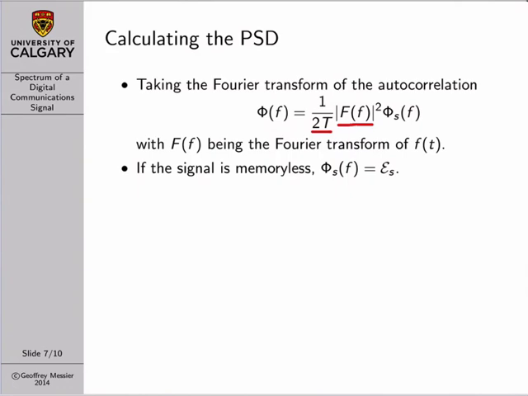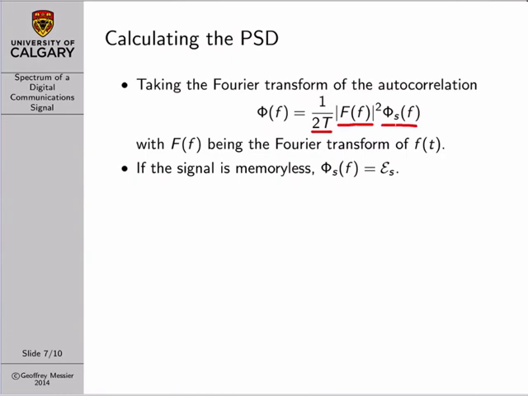And when you take the correlation or the autocorrelation of a deterministic pulse, then it's equal to the magnitude squared in the frequency domain. And finally, we have the power spectral density of the information sequence.